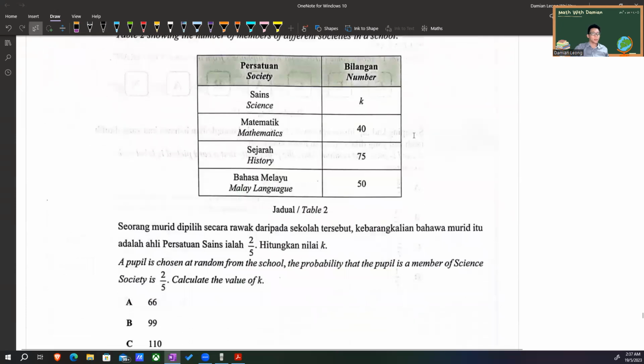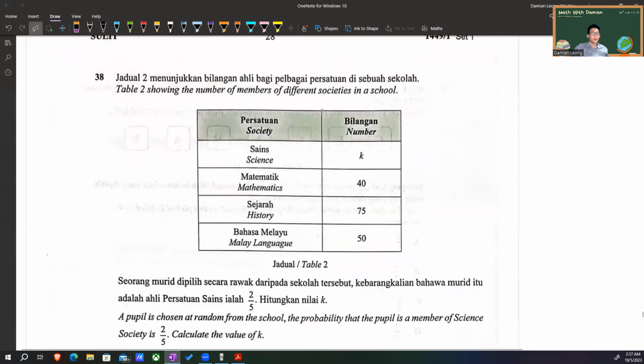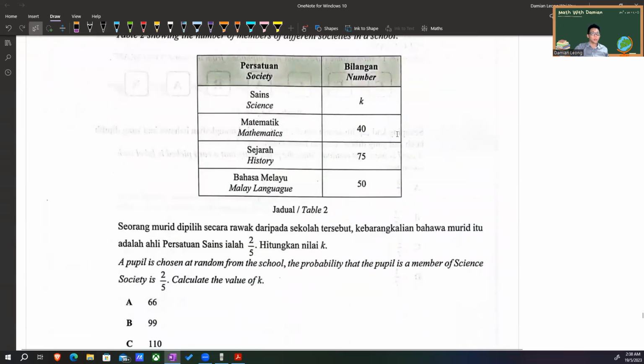Question 38. I have the number of members in different societies shown in the table. The probability that a pupil is a member of science society is 2 over 5, which means the number in science society K over the total. Add all together: K over 50 plus 75 plus 40 plus K equals 2 over 5.